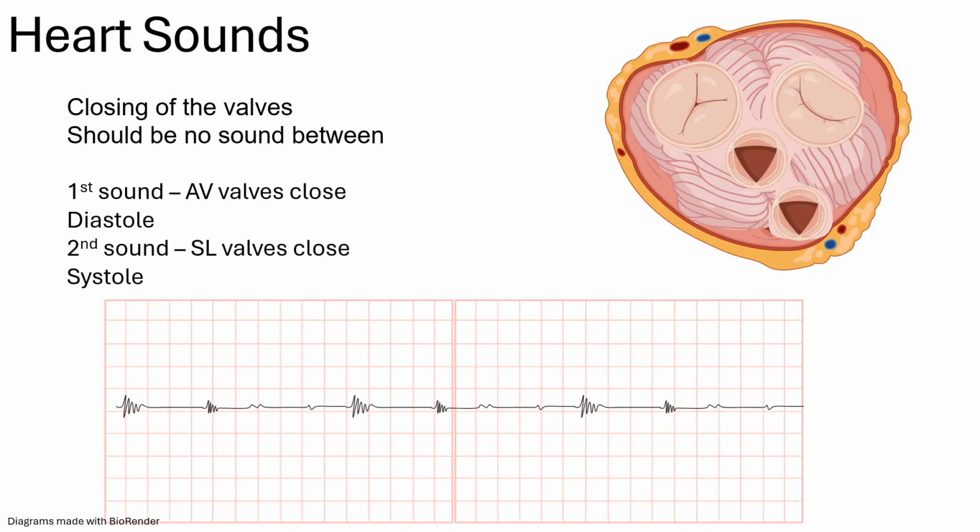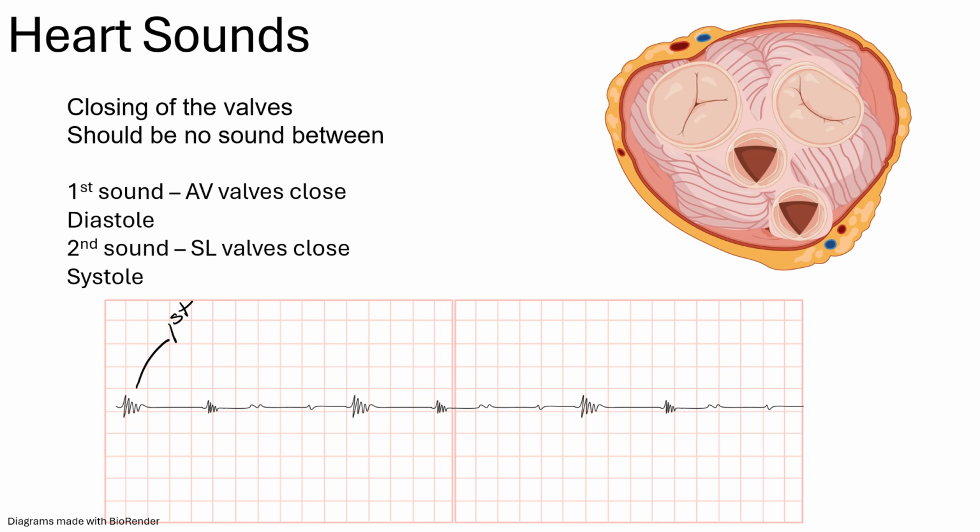Yeah, this is not an EKG. This is an audiogram. And each of these little squiggles here is the sound of a valve closing. In fact, this is the first heart sound, and this is the sound of the AV valves closing, the bicuspids and tricuspids, which matches the picture that you see up here.